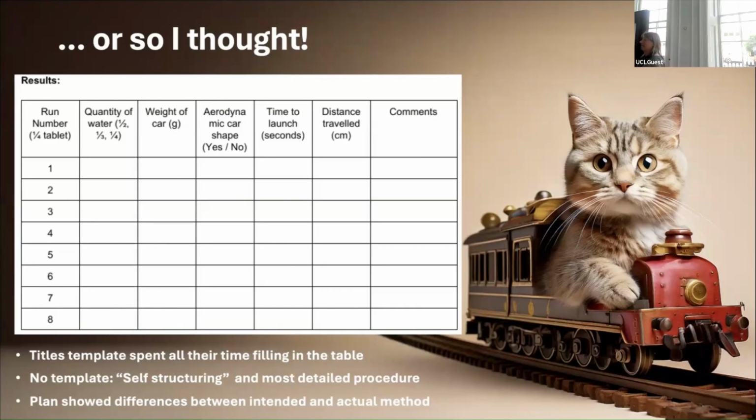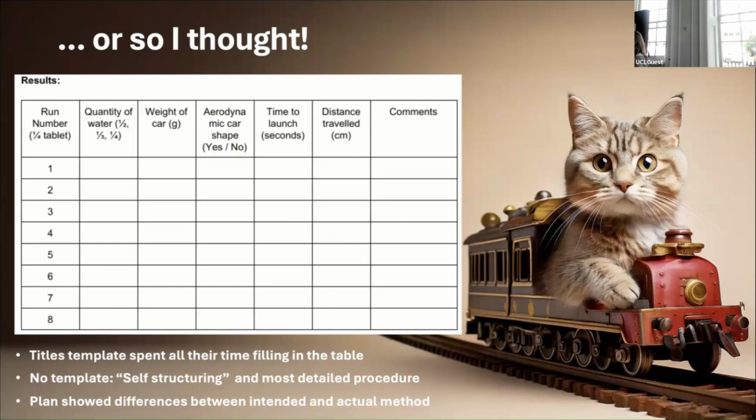This was a complete and utter disaster, because the people in those groups spent all of their time filling in this table, and I mean all of it. They didn't fill in any of the rest of the template, and they didn't actually do the experiment either, because they were too busy making cars, measuring them. Bit of a disaster. These were more experienced researchers, faculty members. With the blank template, quite a lot of them actually self-structured.